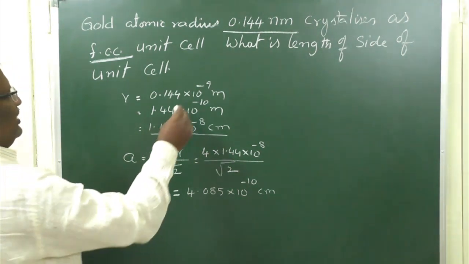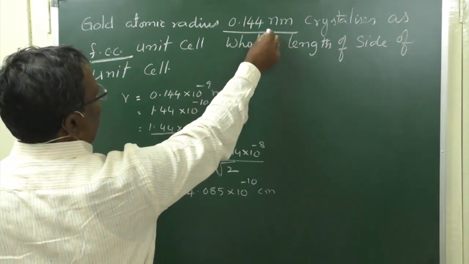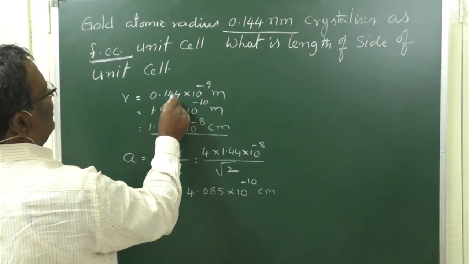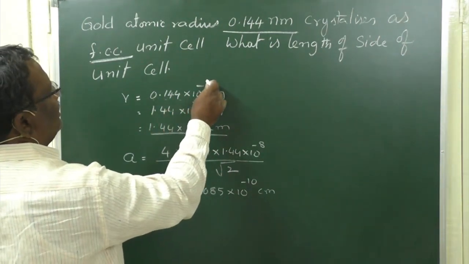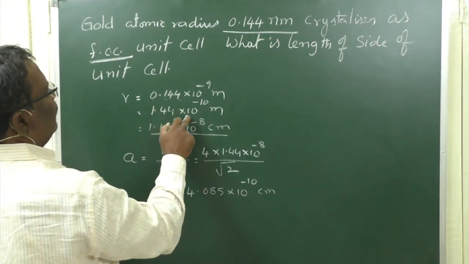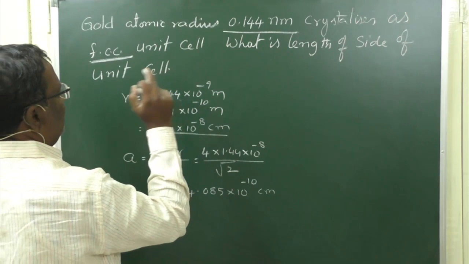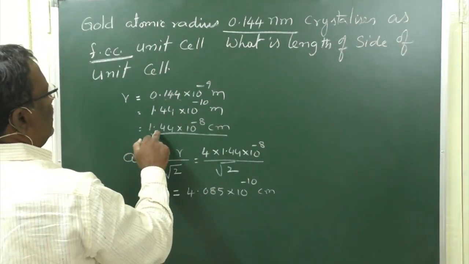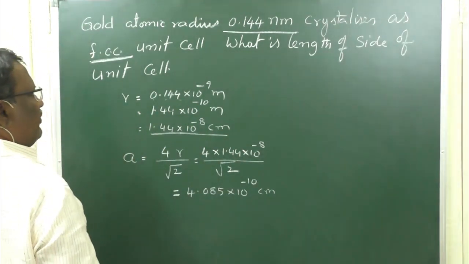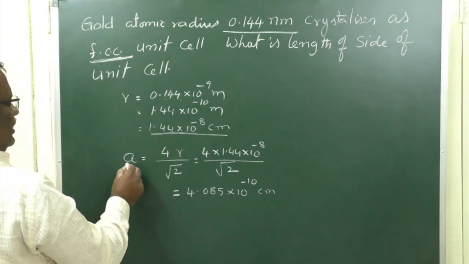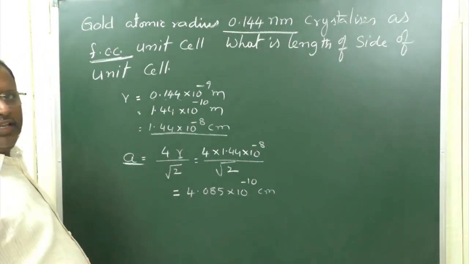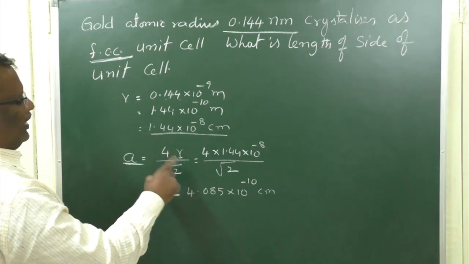Here R is given as 0.144 nanometer. 0.144 nanometer means 0.144 into 10 to the power minus 9 meters. It will be 1.44 into 10 to the power minus 10 meters, or we can say it as 1.44 into 10 to the power minus 8 centimeters. For FCC unit cell, the relation between side edge and radius is 4r by root 2.